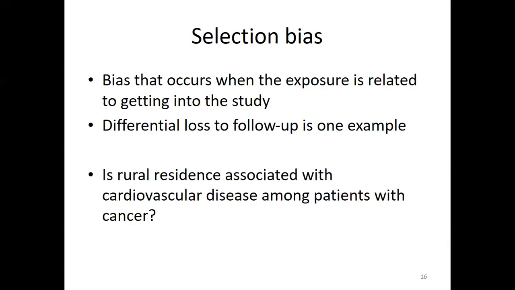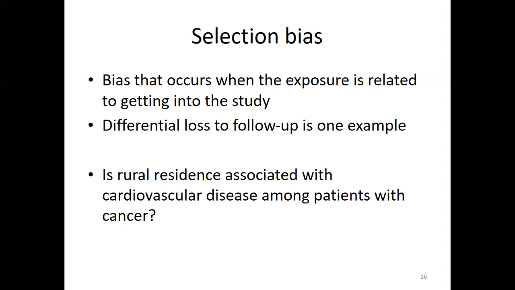So one of the challenges, I think, with electronic medical records, which are very exciting in the field, is that we've not really been able to figure out the selection bias issue, particularly for institutions like UAB that are big tertiary care centers. So if we want to know, is rural residence associated with cardiovascular disease among patients with cancer, right?